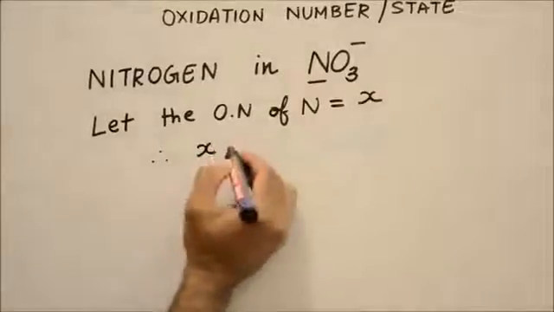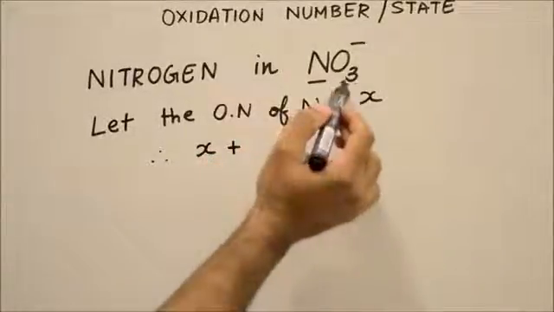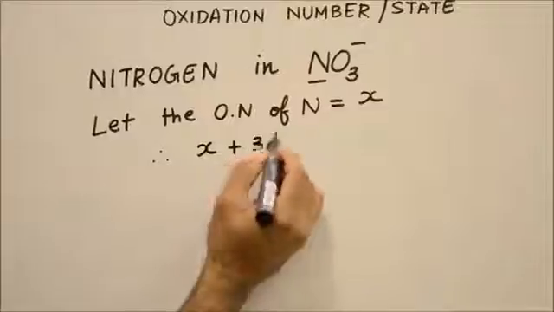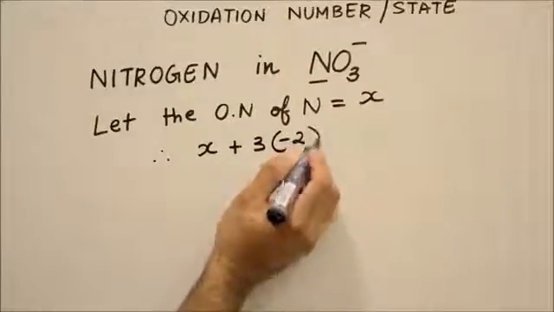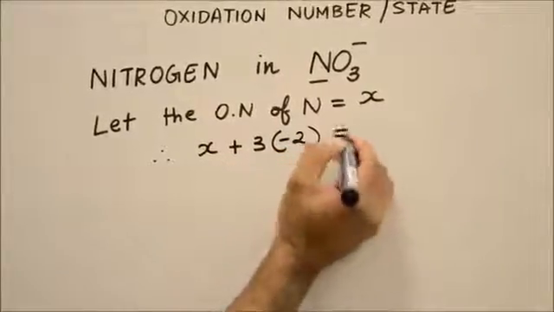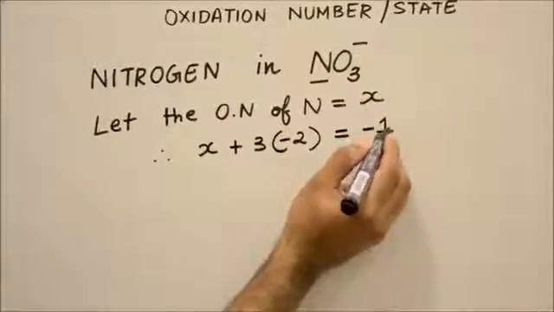So X plus, we have 3 oxygens and the oxidation number of oxygen is -2. So 3 multiplied by -2, and that should give you the charge, that is -1.